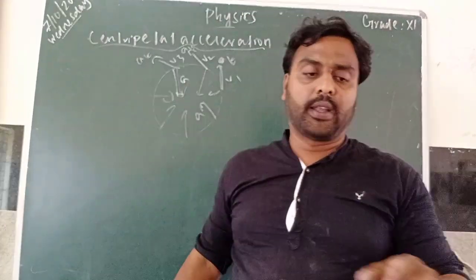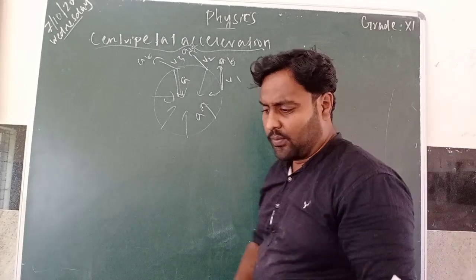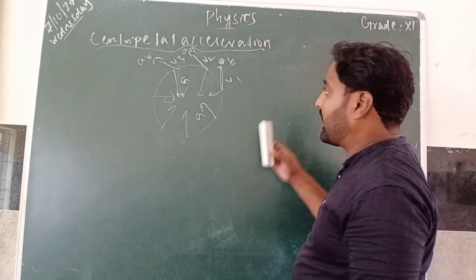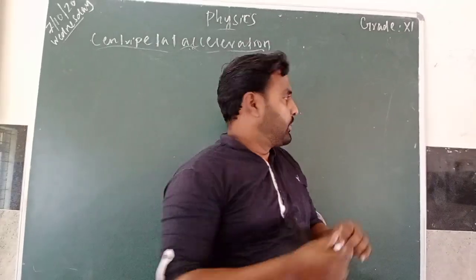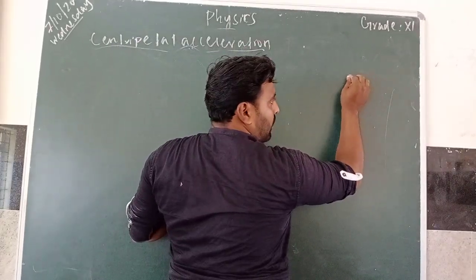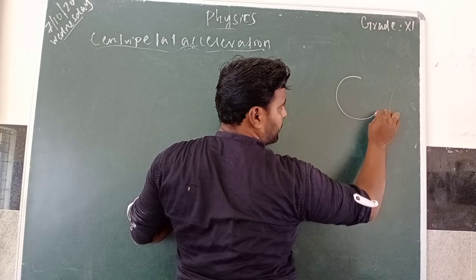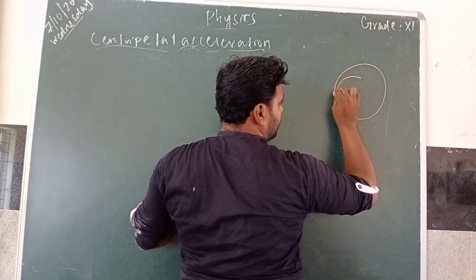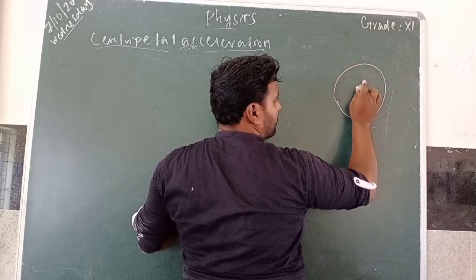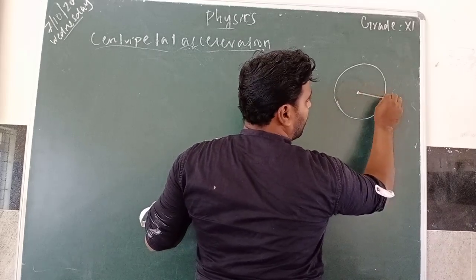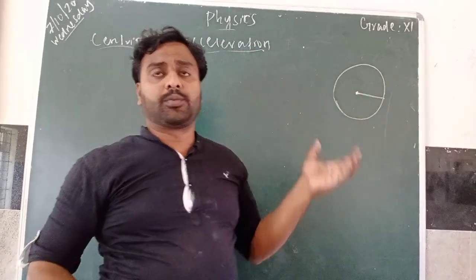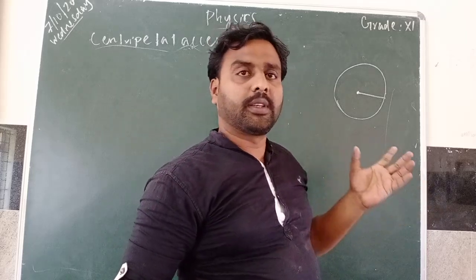Next, a small derivation. For that we can take some geometric representation. Assume an object, one particle, is moving in circular motion.